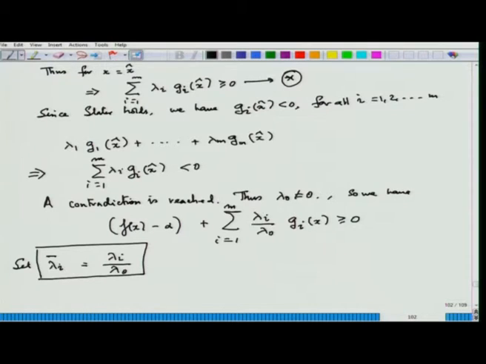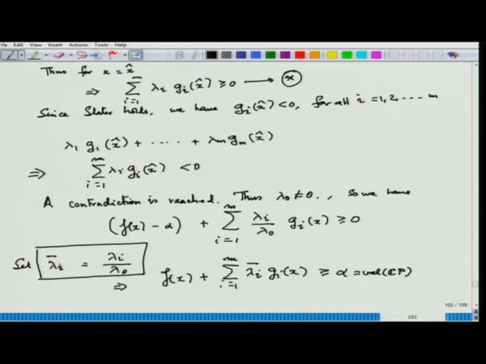Okay. So, this implies now f of x plus summation I equal to 1 to m lambda I bar times g I of x is greater than or equal to alpha, which is the infimum or the value of p. This is also the value of the problem Cp, sorry, not p, Cp. Now, what is this?